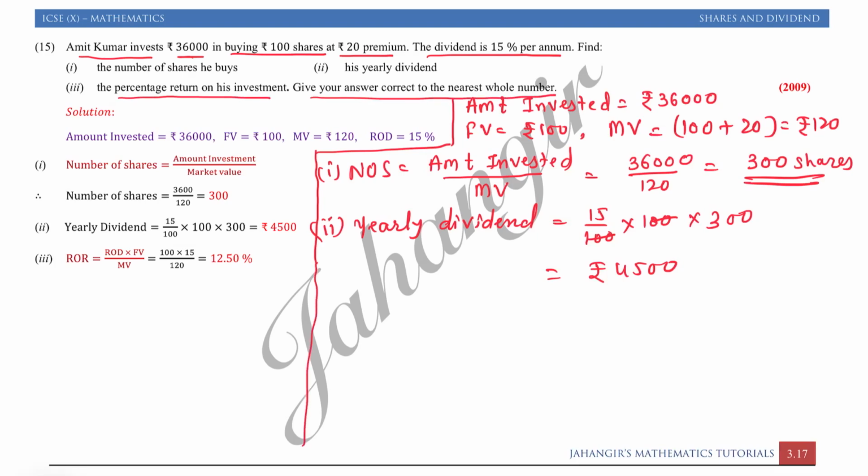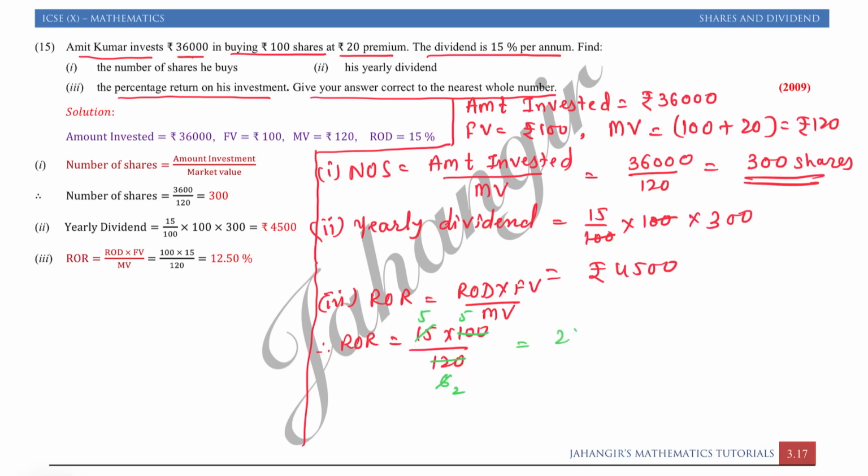So third part we want rate of return. So rate of return is equal to rate of dividend into FV upon MV. So therefore rate of return is, rate of dividend is 15%, face value is 100 upon market value is 120. 2 5s are 10, 3 2s are 6, 3 5s are 15.